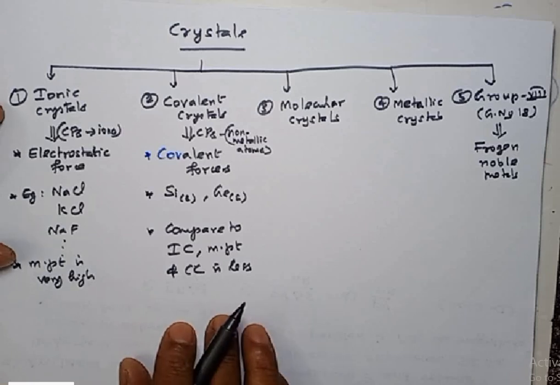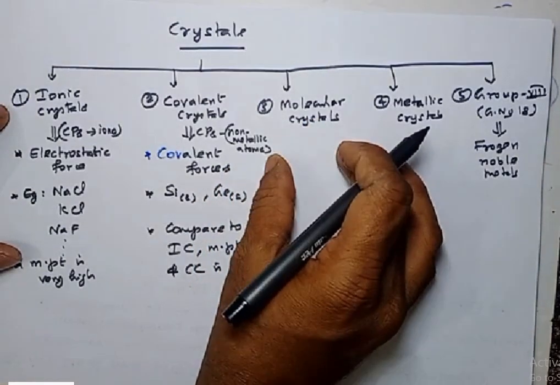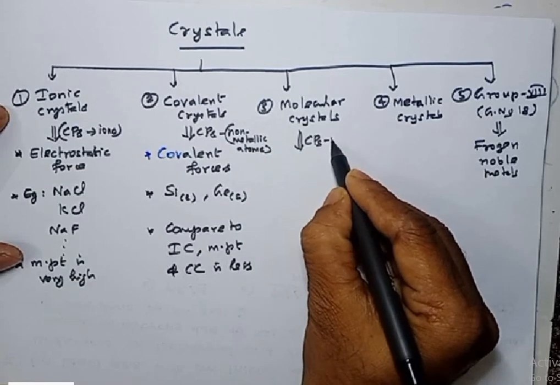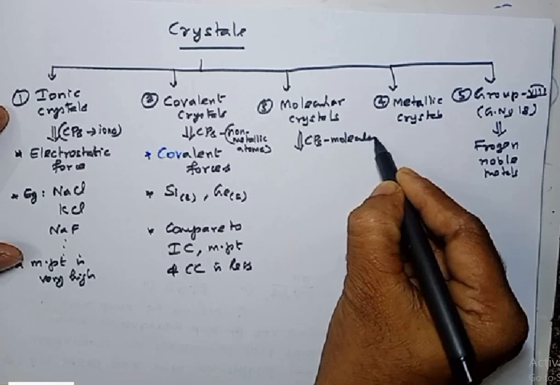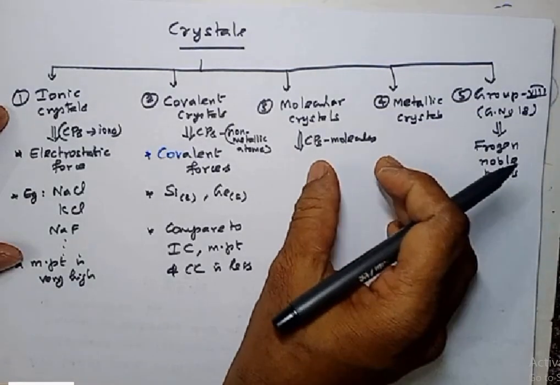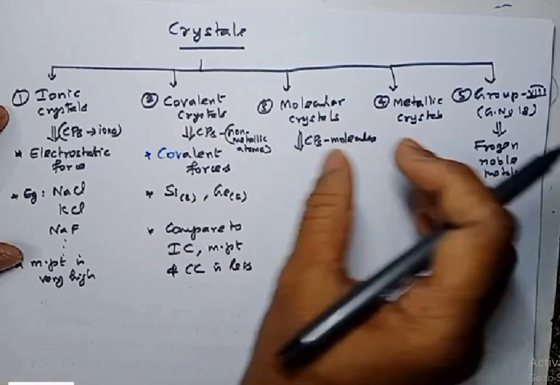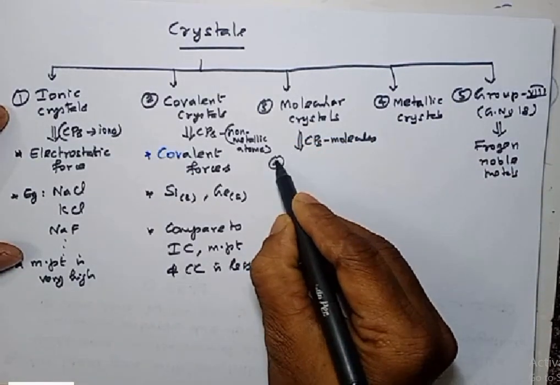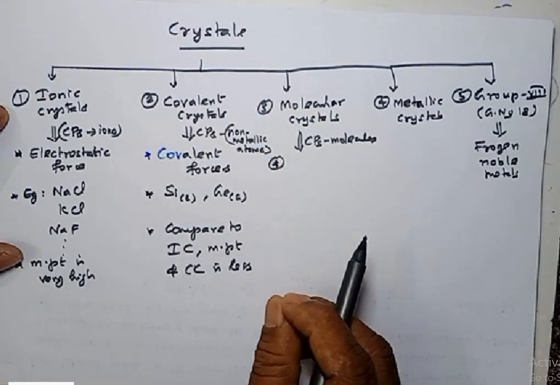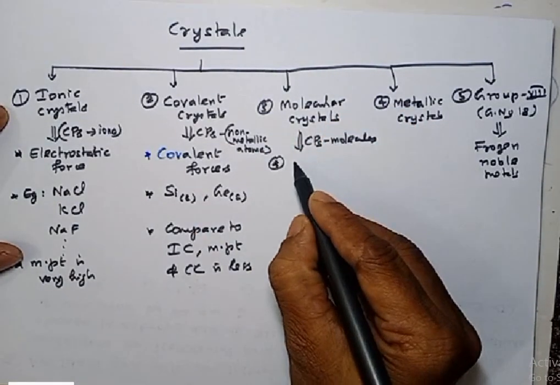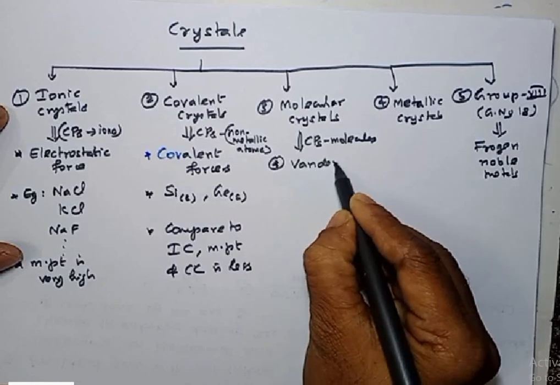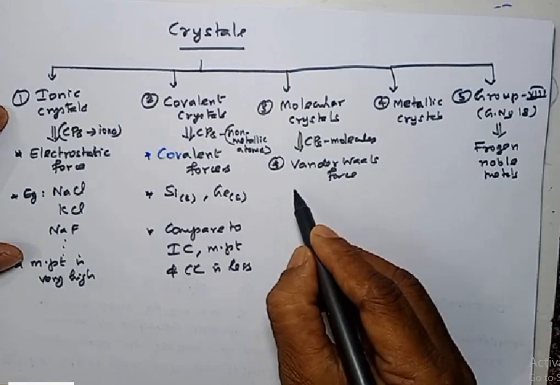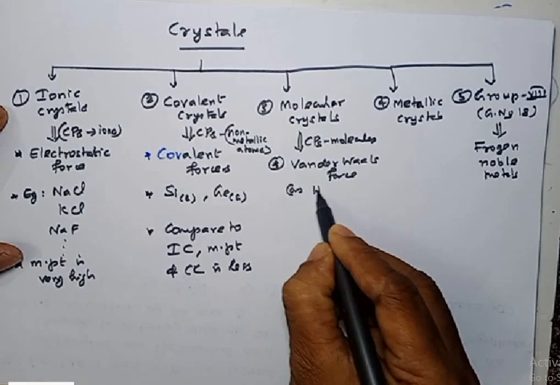Then the third category, molecular crystals. In molecular crystals, the constituent particles are distinct molecules, and these molecules are held together by means of van der Waals forces or hydrogen bonding interactions.